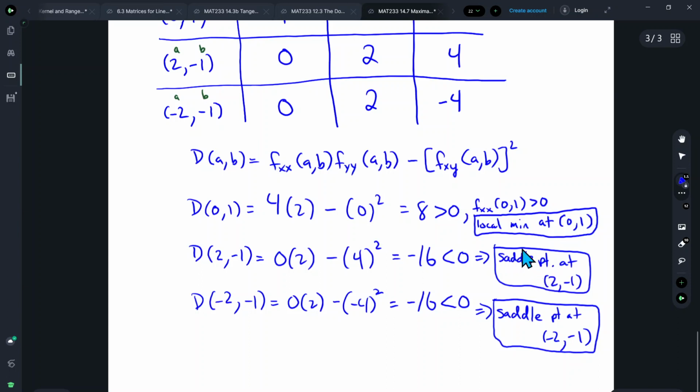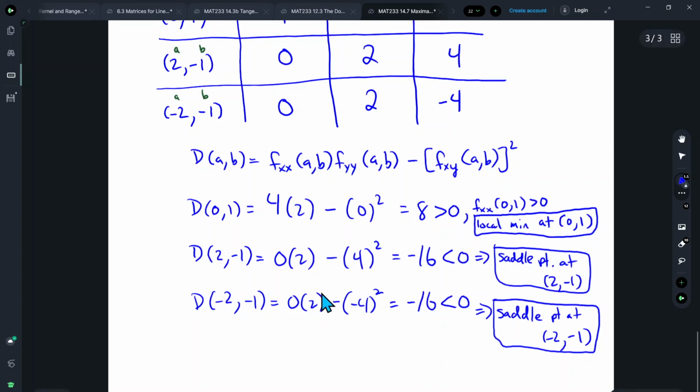Okay, so to give us an idea of what's going on in this function, let's try to graph the function and actually see where these 3 points are occurring.